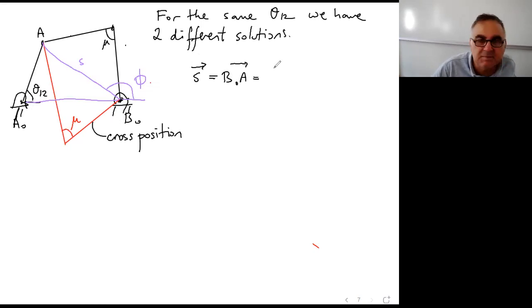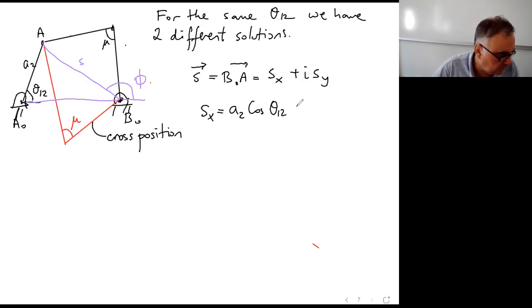And we can write it as, in complex numbers, Sx plus i Sy. But S is directed towards the left, so the Sx quantity is negative. So you can write Sx to be equal to A2 cosine theta 1,2 minus A1, and this is a negative quantity because S is directing towards the negative anyway.